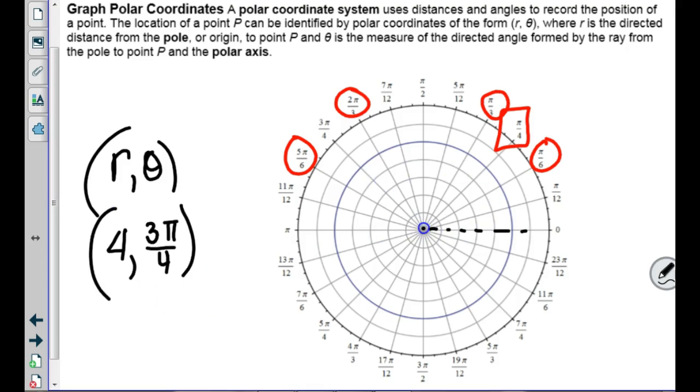So if I was standing right here facing 0, I turned until I'm facing 3 pi over 4. This means I go out 4 radiuses. Well, this is a radius of 1, 2, 3, 4. So right there would be the point (4, 3 pi over 4). Doesn't seem that complicated, does it?